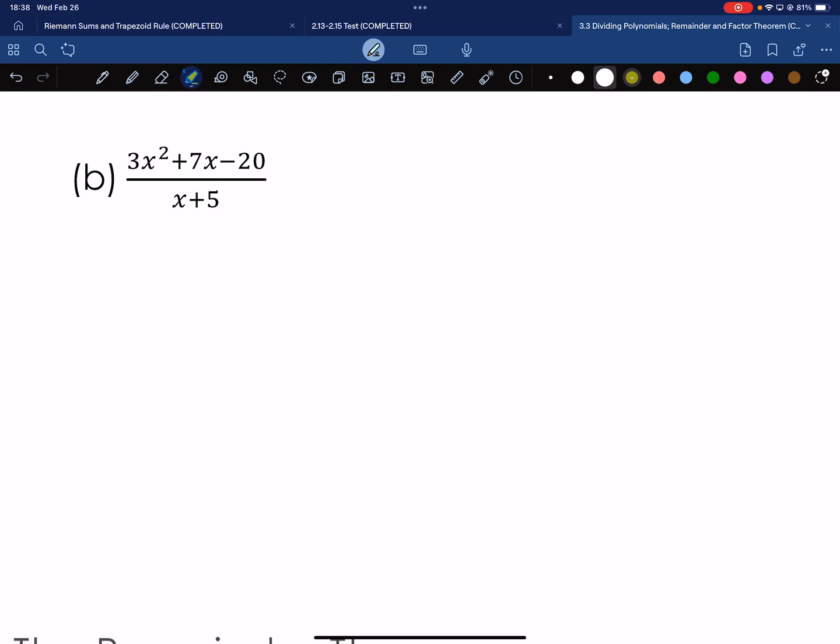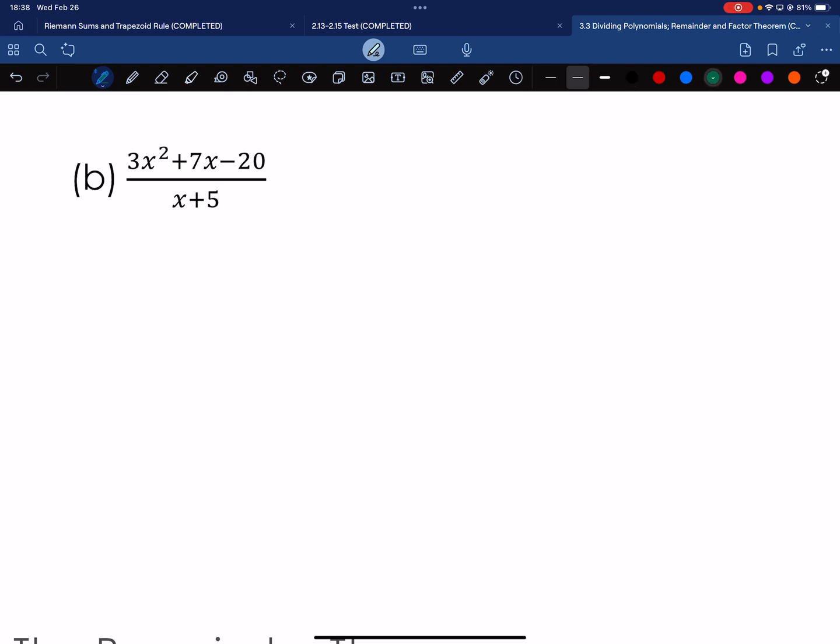Let's do another one. Okay. So we have 3x squared plus 7x minus 20 divided by x plus 5. We have our x squared, we have our x to the 1st, we have our constant. It's in order. That checks out. This is a linear term right here, in the form of x plus or minus a number.